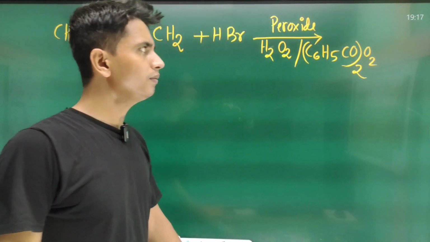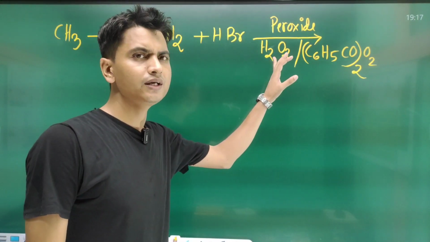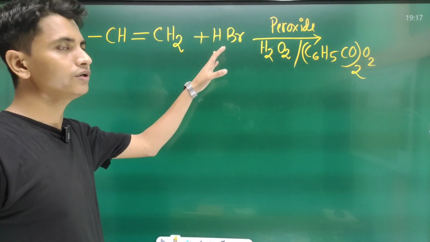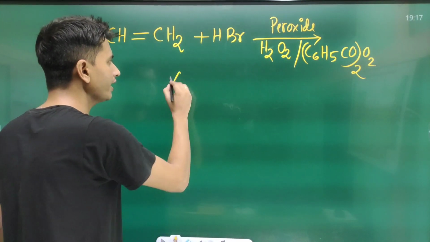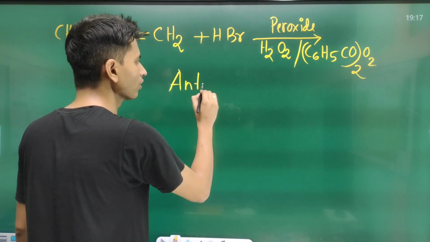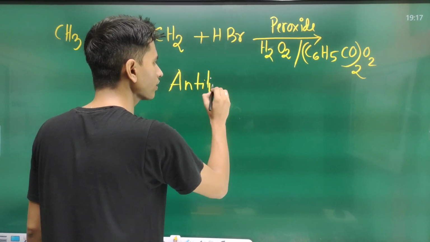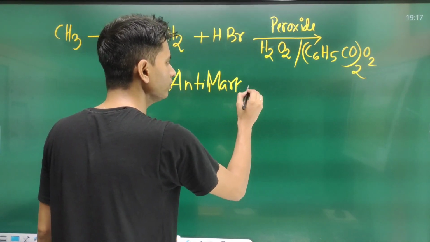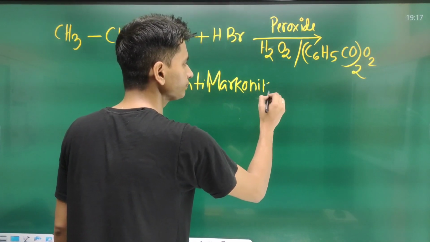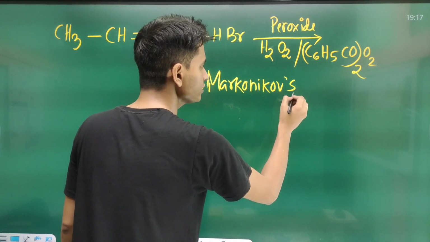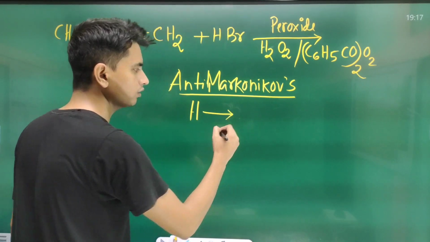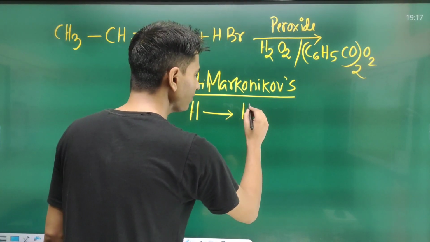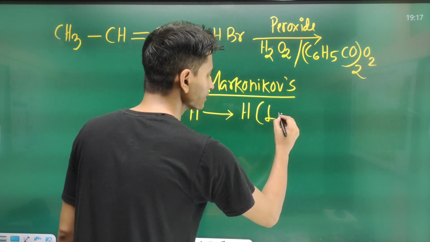This is called benzoyl peroxide or hydrogen peroxide. This reaction is reversed with Markovnikov's rule, that is known as anti-Markovnikov's rule. This rule states that the positive part is attached with that carbon atom where number of hydrogen atom is less.